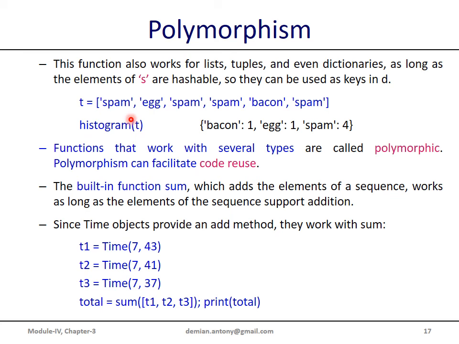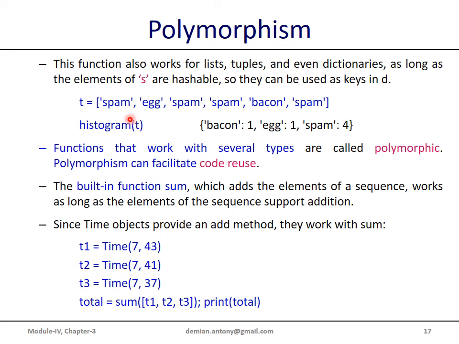So the functions that work on several types are called, in programming terminology, polymorphic functions. And this is one type of function polymorphism, where a function works on different types.